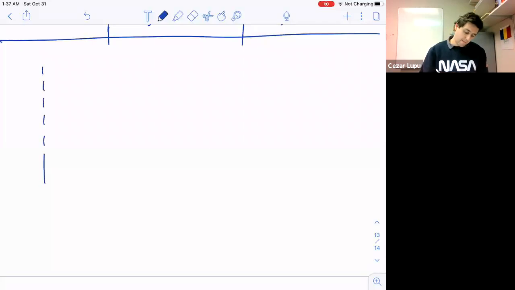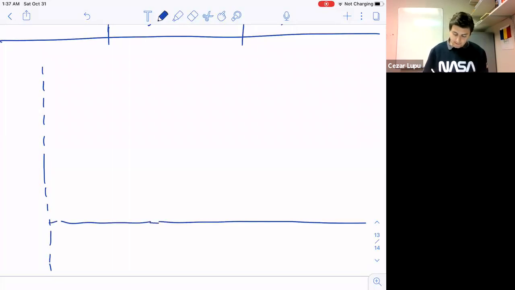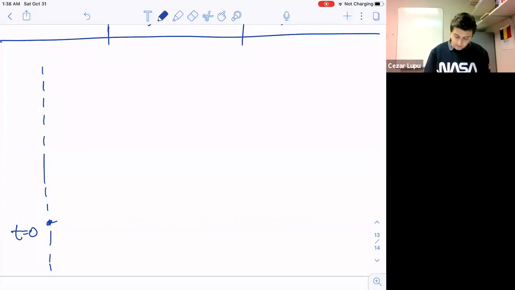All right, let's see. So let's draw it like this. It starts from the axis. So this is the moment when t equals 0. So it starts from here. So our object will go like this, straight, right?